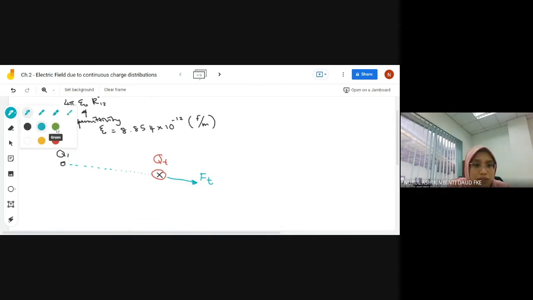We do not know what Q1 emits or produces to form this force.